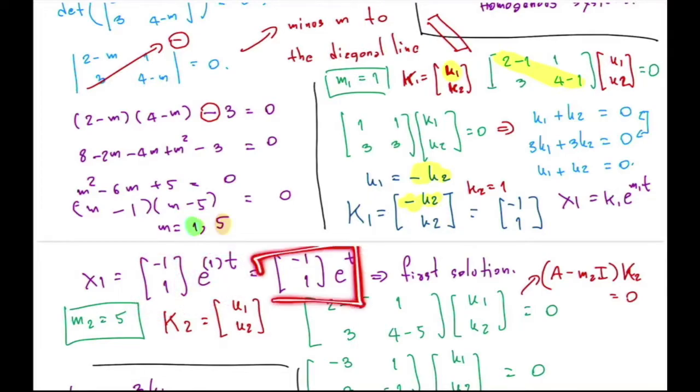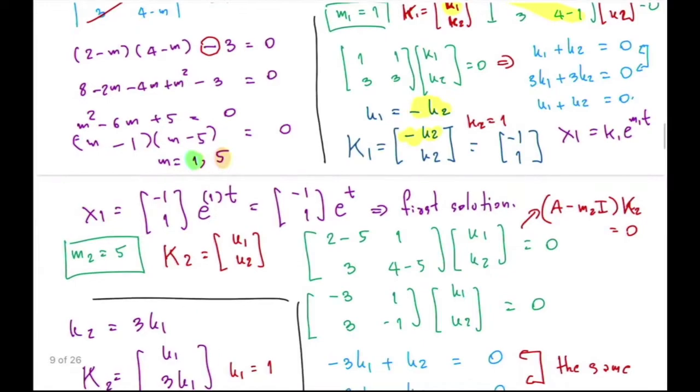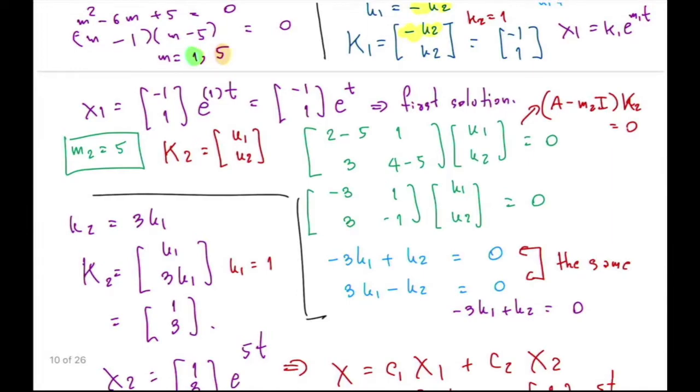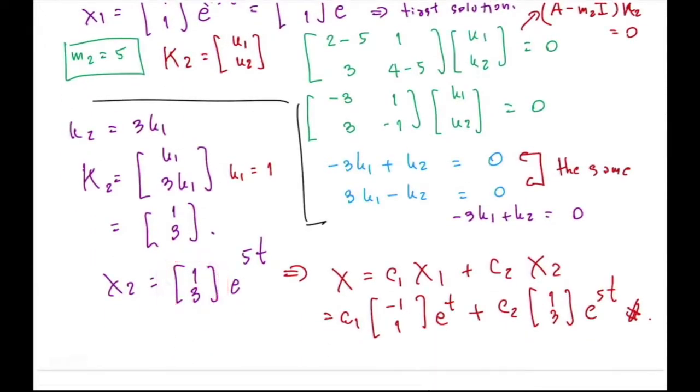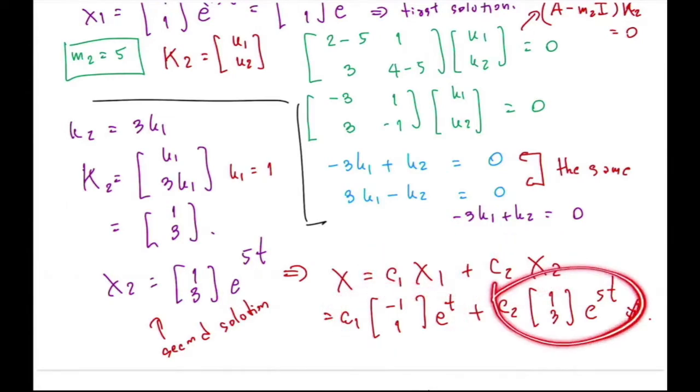After that, we take m2, which is 5, and find k2, which is 1, 3. So x2 is k2 e to the m2t, which is 1, 3 e to the 5t. So the general solution is c1x1 plus c2x2, where x1 is the first solution and x2 is the second solution.